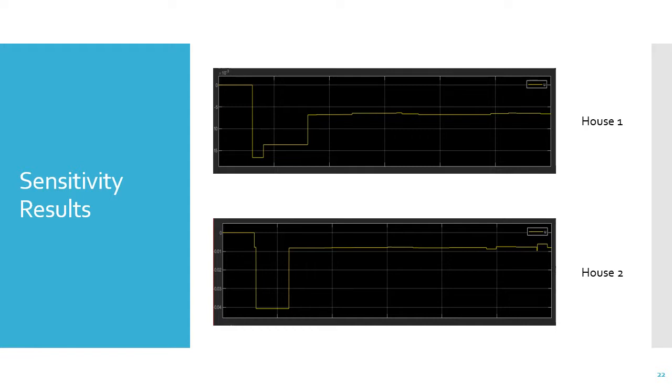We can see from the graph that in the first house it reached a maximum of around 15 milli, whereas in the second house it reached a maximum of around 40 milli, and then was changing according to the load change.